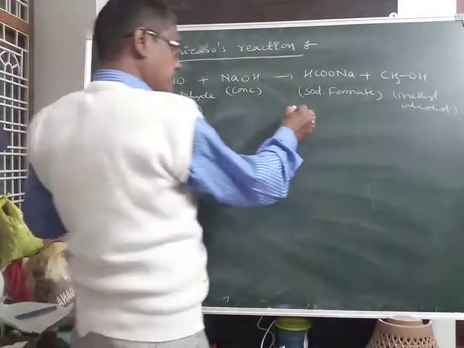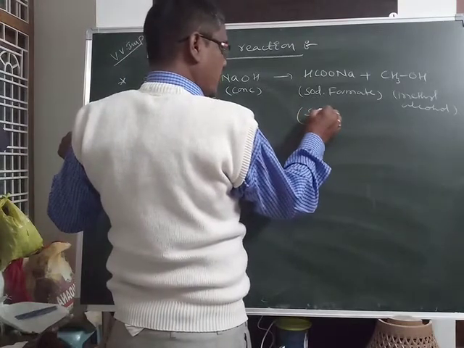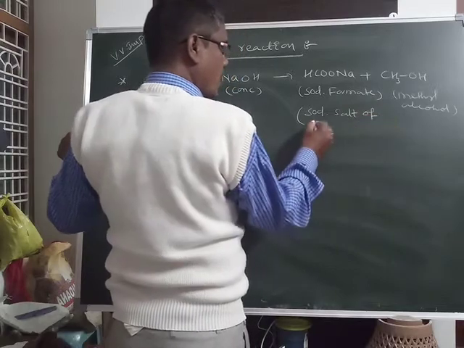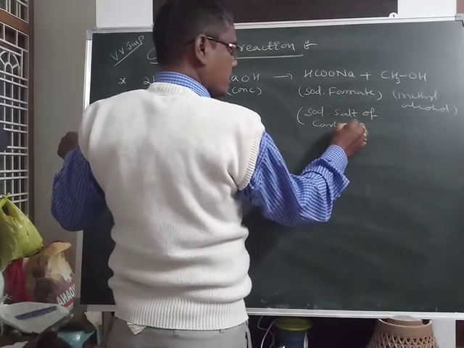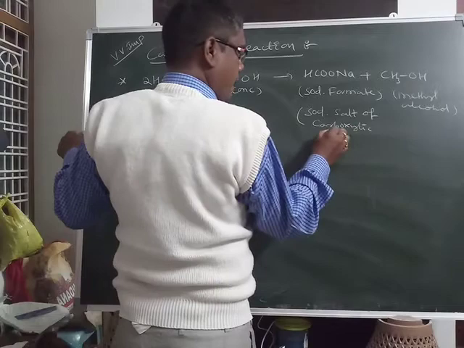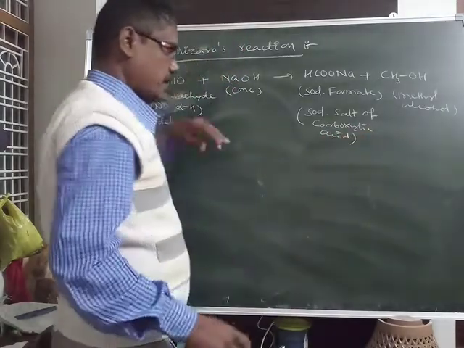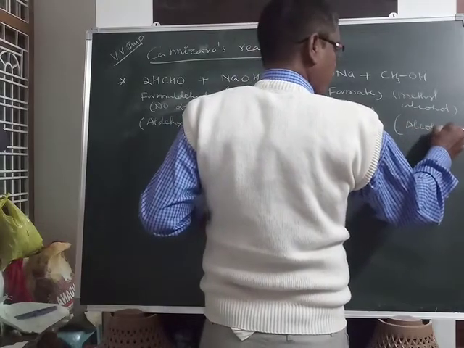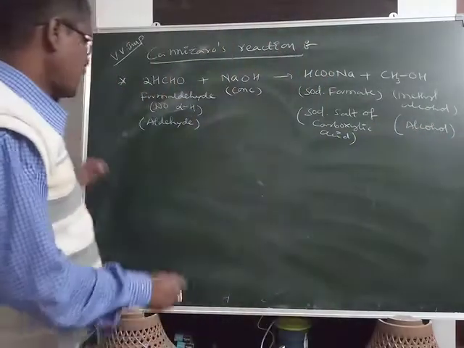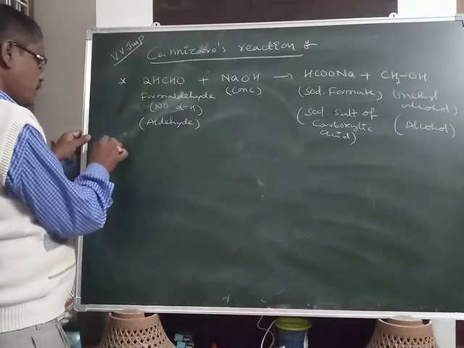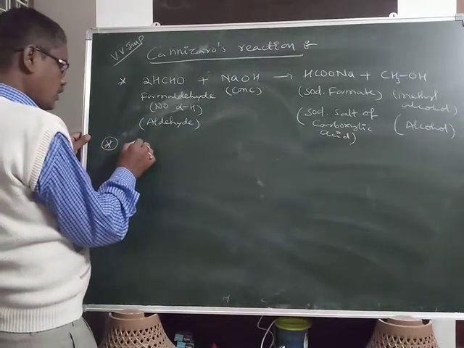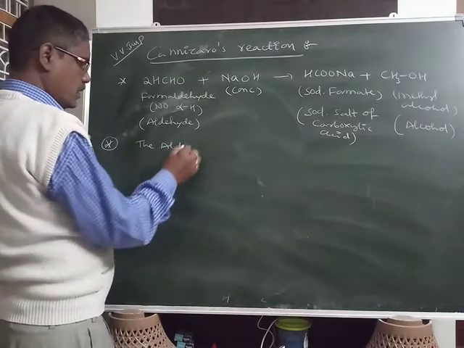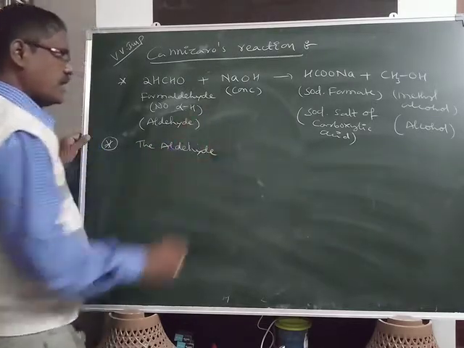In general, this is the sodium salt of carboxylic acid. Sodium salt of carboxylic acid. This is the alcohol. Now the statement of Cannizzaro reaction: the aldehyde or ketone.